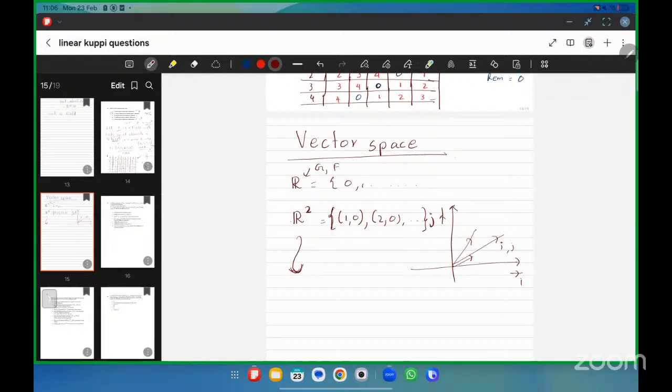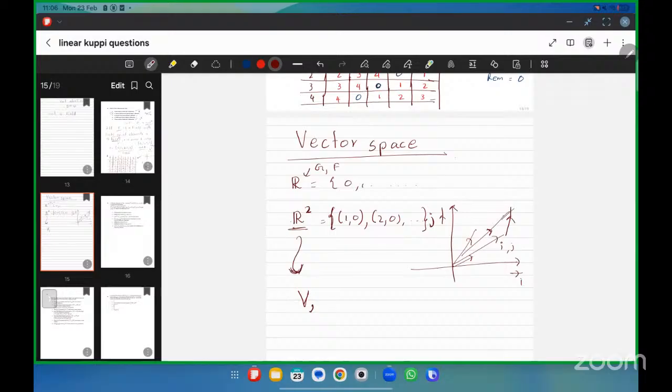For the vector space, we have to define two things. The first one is this one. I write it like V, and for the vectors we can add two vectors and scalar multiply a vector with one object.